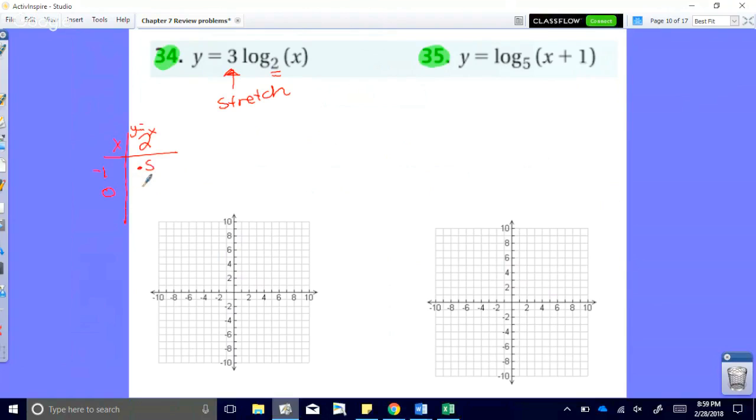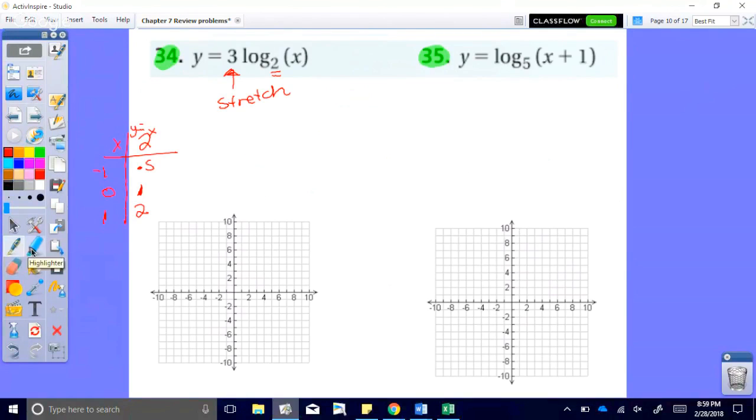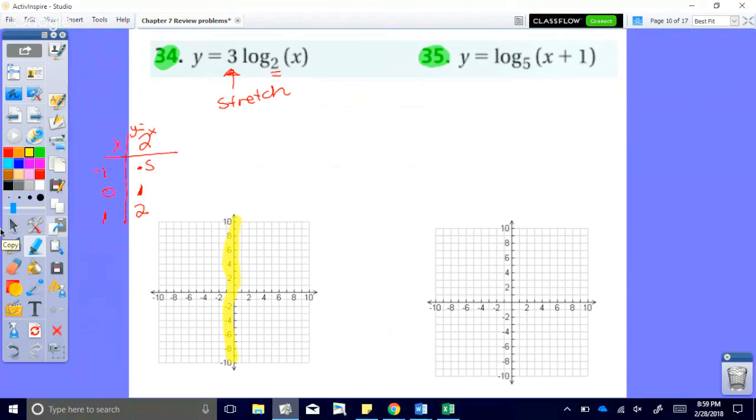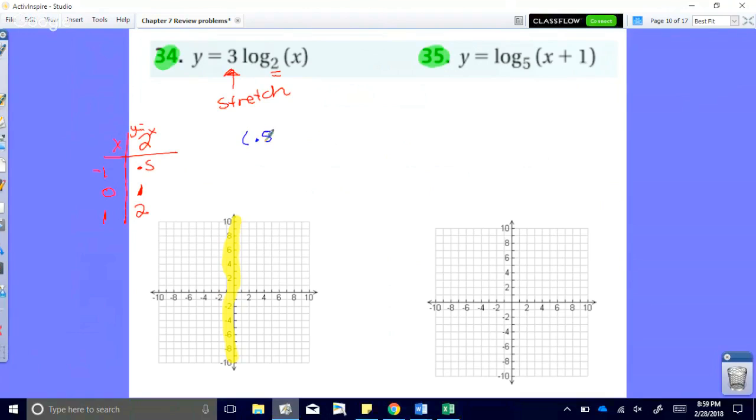1 gives me 2. I haven't moved left to right, so I still have my asymptote of the x-axis. We said since we're not graphing the exponential functions, we are going to take these points and flip them. So we have (0.5, -1), (1, 0), (2, 1).